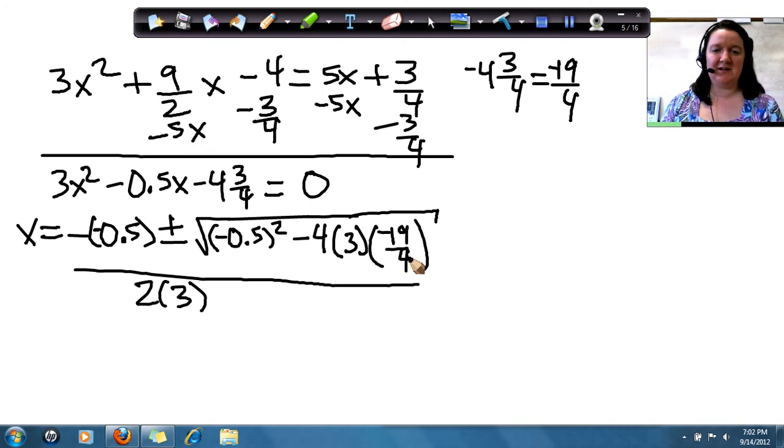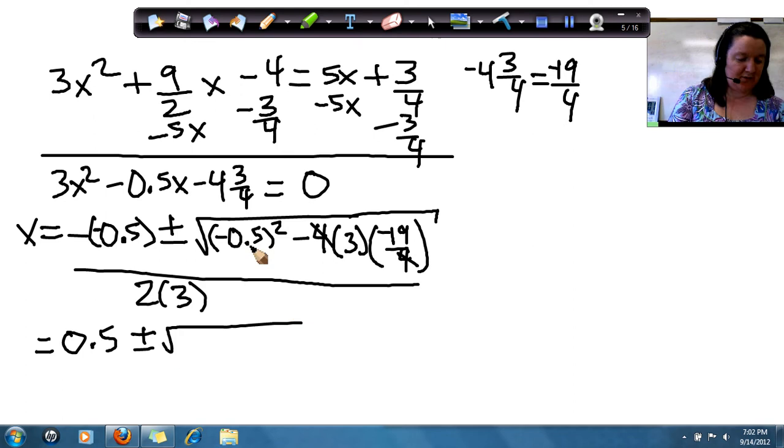Now the convenient thing is that the 4 here and this 4 will cancel out because we were going to multiply them together anyway, and they're greatest common factors. So right now we have 0.5 plus or minus the square root of 0.5 squared.